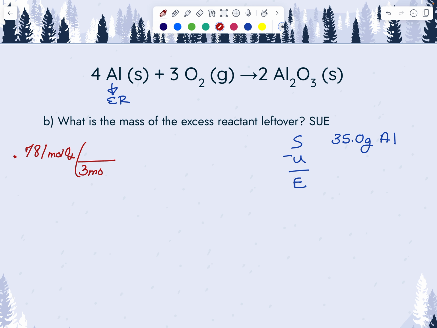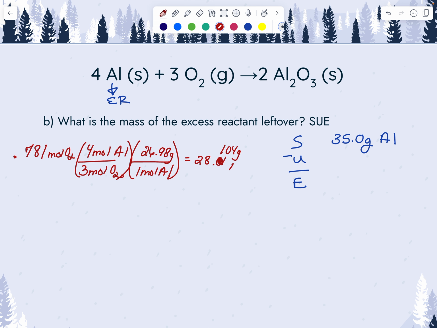According to the balanced chemical equation, 3 moles of oxygen will require 4 moles of aluminum, and 1 mole of aluminum has a mass of 26.98 grams, and that will be 28.104 grams of aluminum that is used.